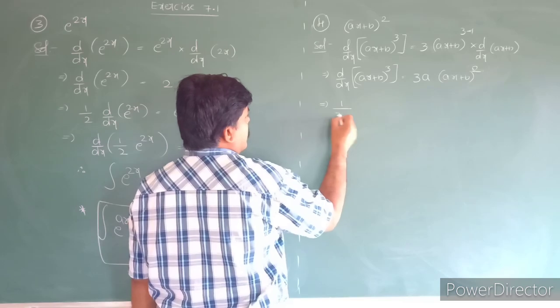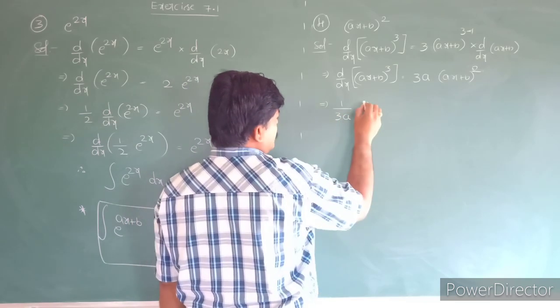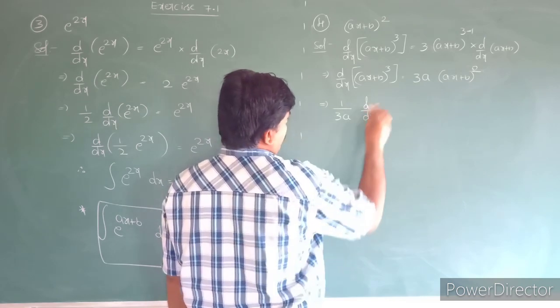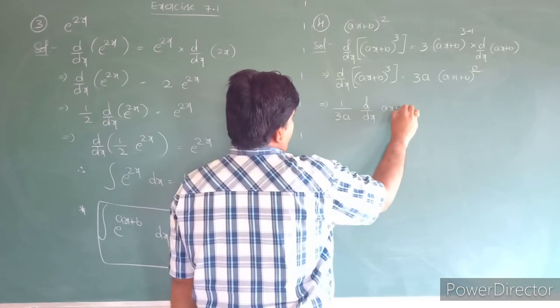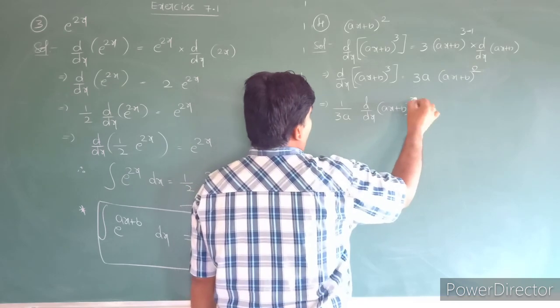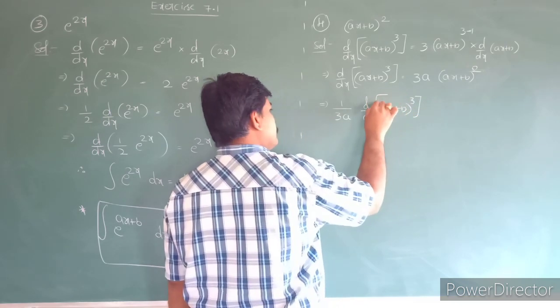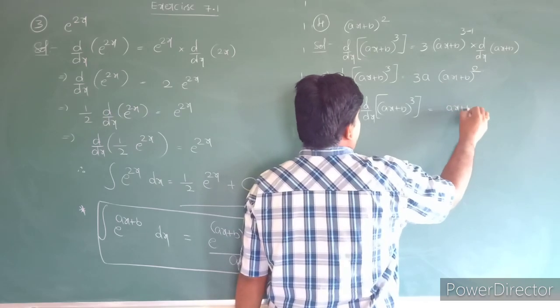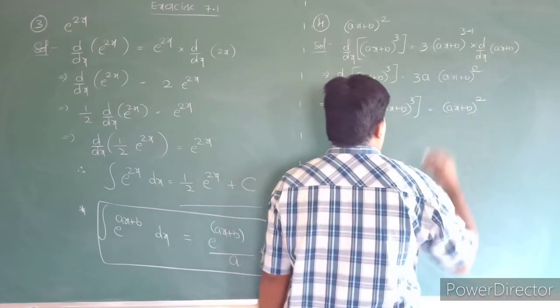So take this 3a to this side, what will it become? 1 by 3a into the derivative of (ax plus b) whole cube is equal to (ax plus b) whole square.